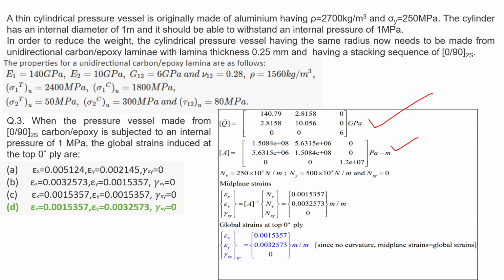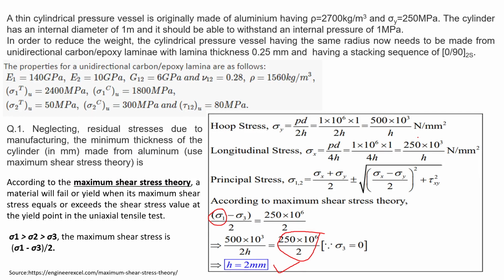Now we need the load. What is the load given to this pressure vessel? Load is the stress multiplied by the thickness. So from that, as we previously did here, we have the hoop stress and the longitudinal stress. When we have to change the hoop stress to load, we just have to multiply it with the thickness.